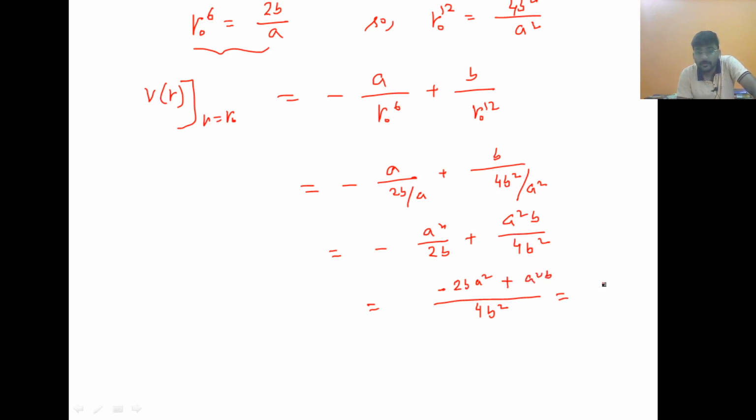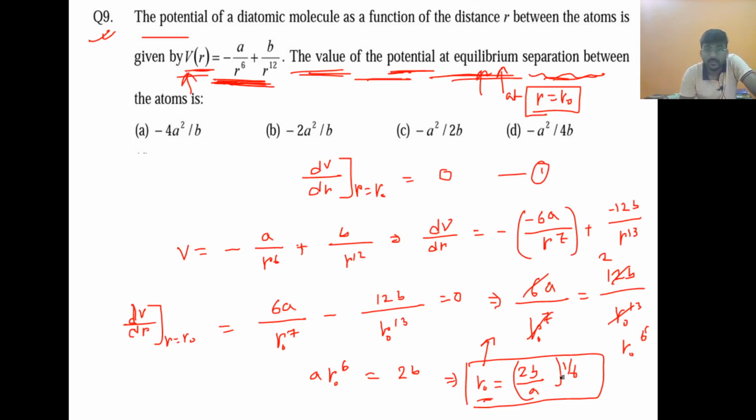So that will be minus a square b by 4b square, that will be minus a square by 4b. So this will be the answer, D, minus a square by 4b. So now let me move to the next question. Let me check one time what is the answer.